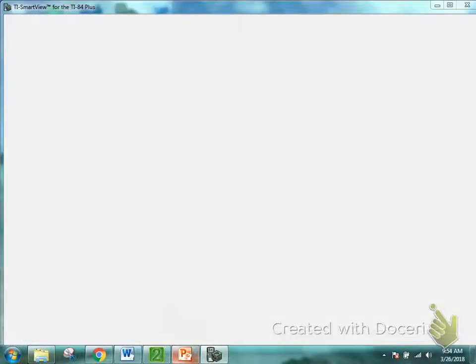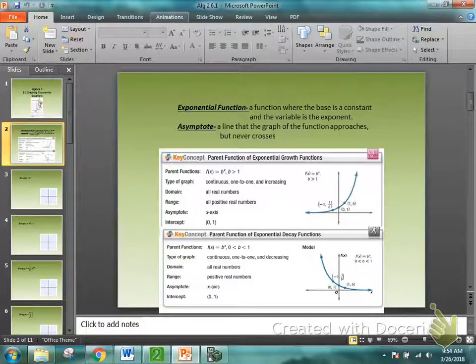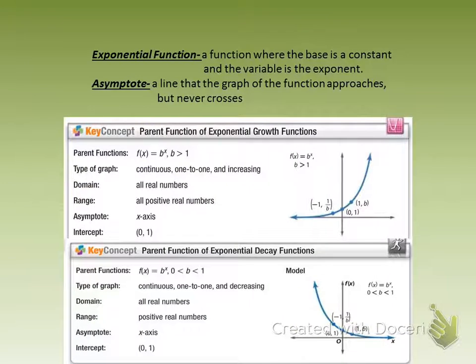That's where this definition of an asymptote comes into play. It's a line that the graph approaches but never crosses.